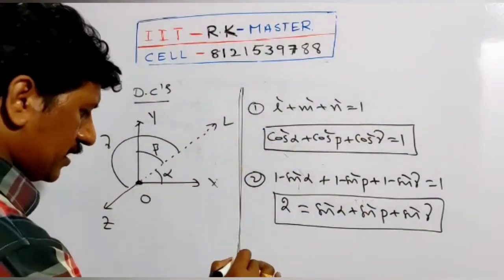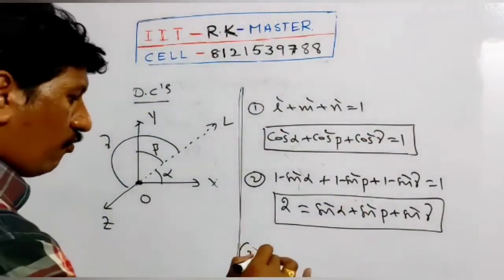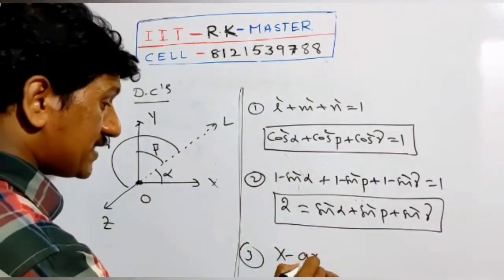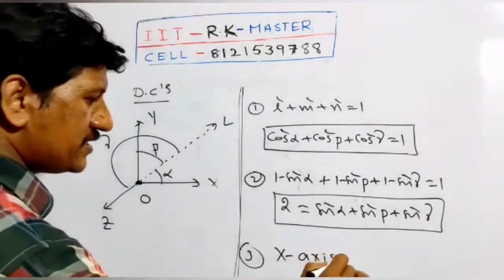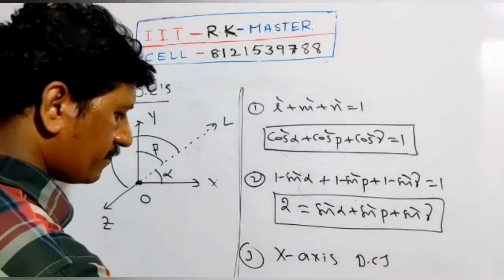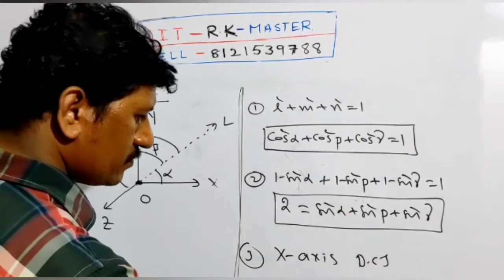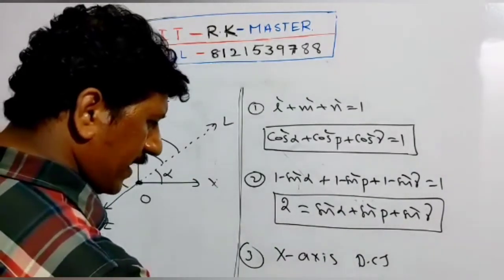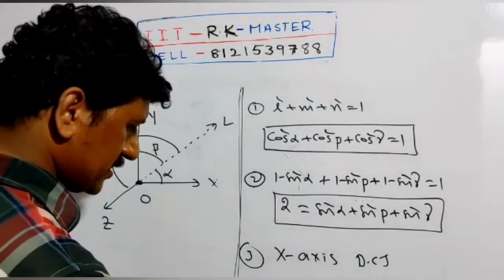Next concept is here. What are the DCs of the x-axis? X-axis DCs, Y-axis DCs, and Z-axis DCs.